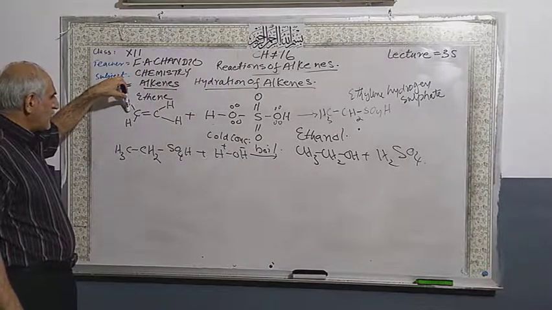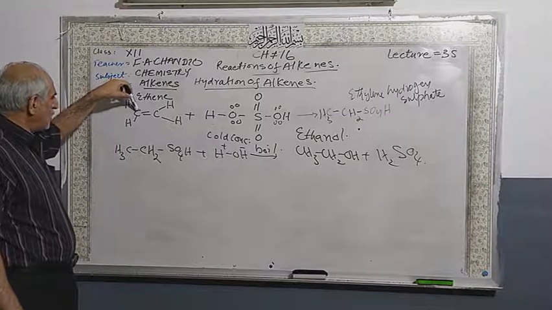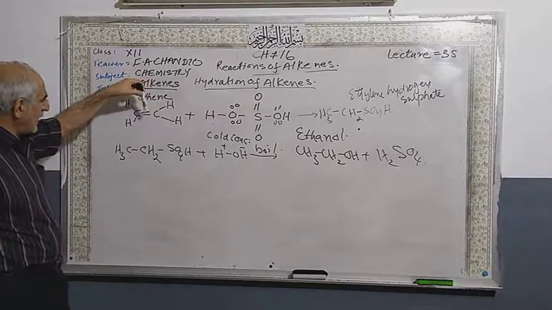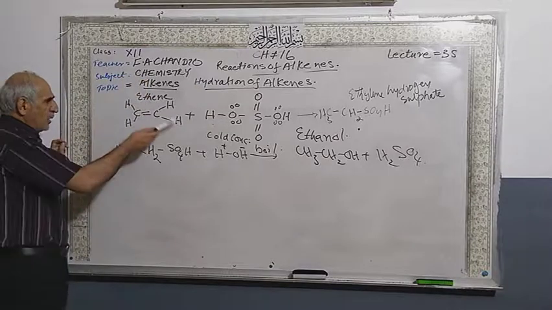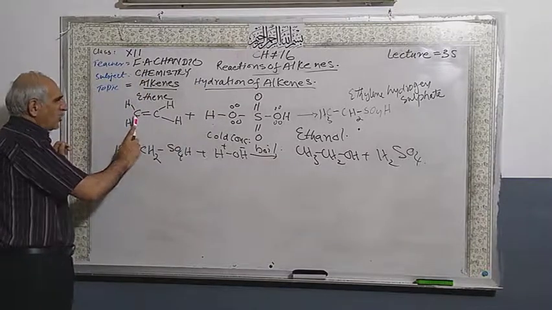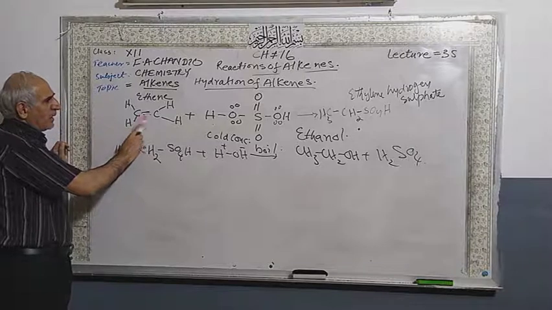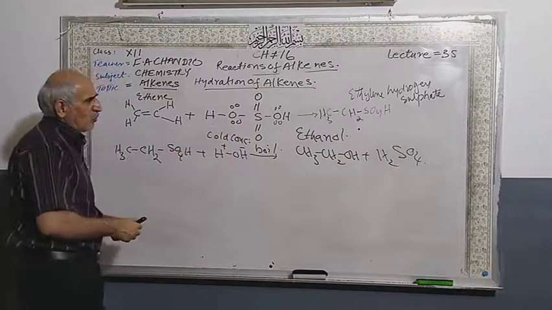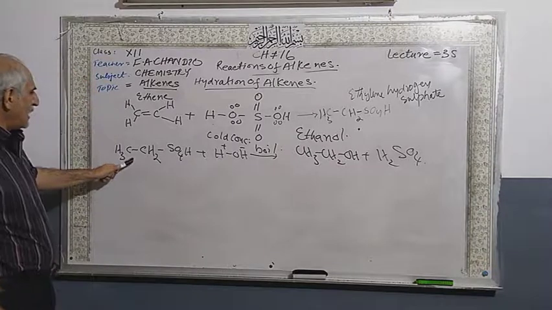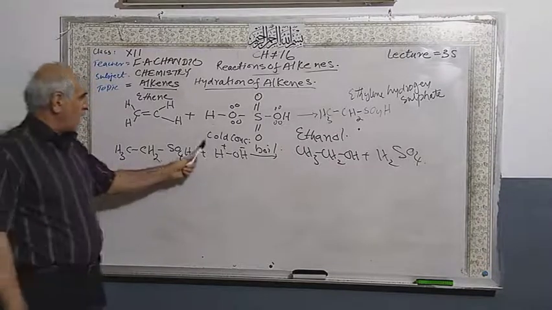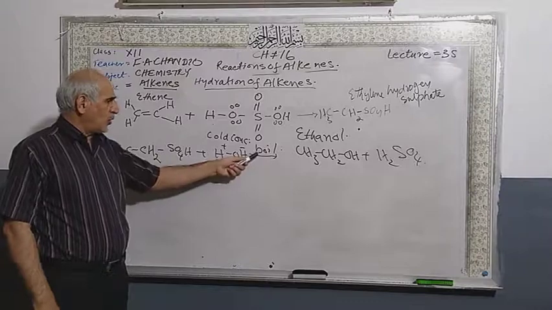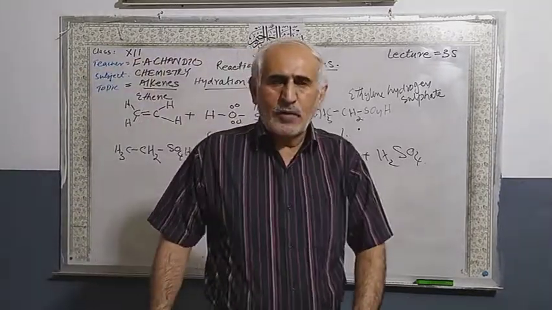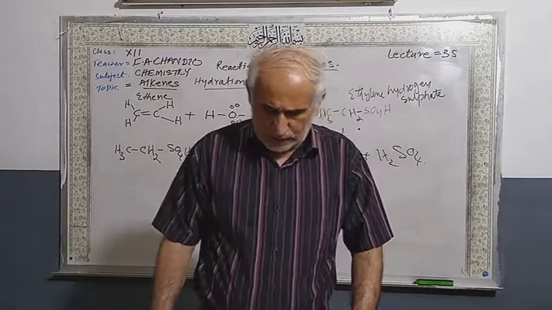If it were unsymmetrical, then the hydrogen should go to the carbon with more hydrogen, and the hydrogen sulfate to the carbon with less hydrogen, but here they are both equal. So hydrogen will be added here, CH3, then CH2, then hydrogen sulfate SO4H. Then this ethyl hydrogen sulfate reacts with water on boiling, and you will get alcohol and sulfuric acid is separated.